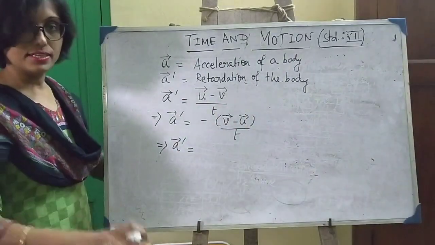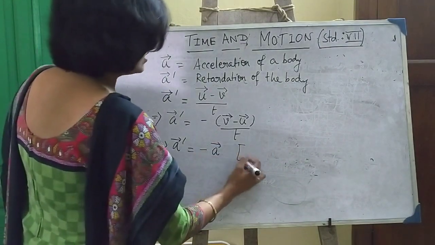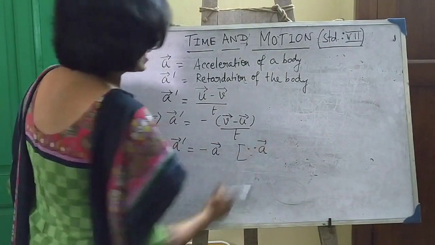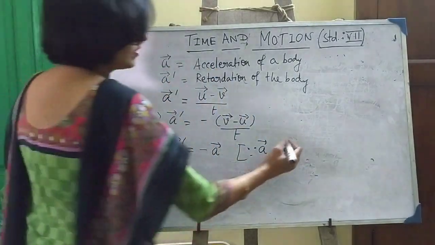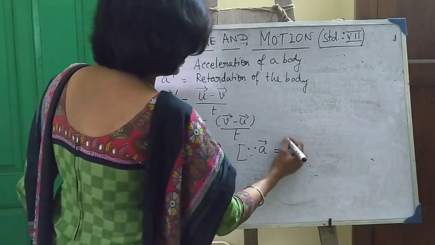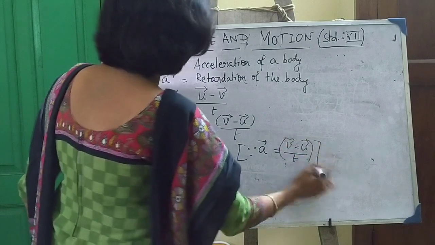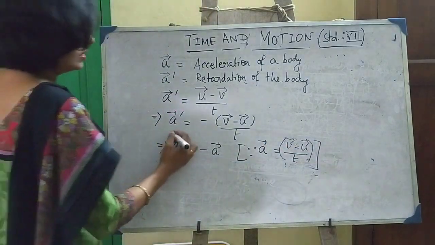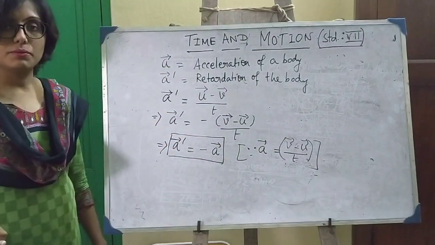It is nothing but the acceleration of the body, so a prime equals minus a. Why? Since a, the acceleration of the body, is final velocity minus initial velocity divided by time t. So this is the required relation between deceleration and acceleration of the body.